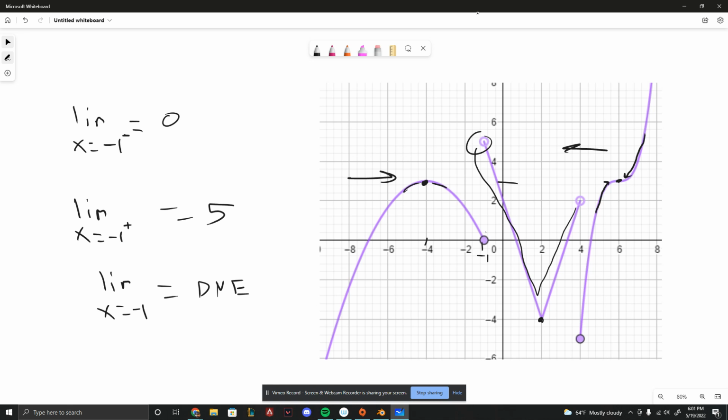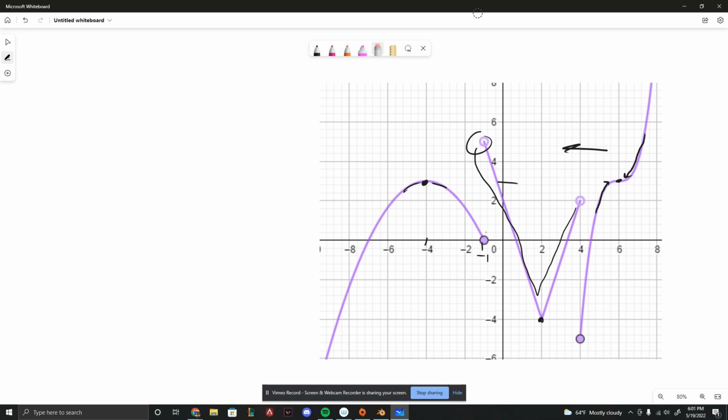So with this principle in mind, let me ask you guys, try these. The limit as x approaching, let's say 4. What is it?